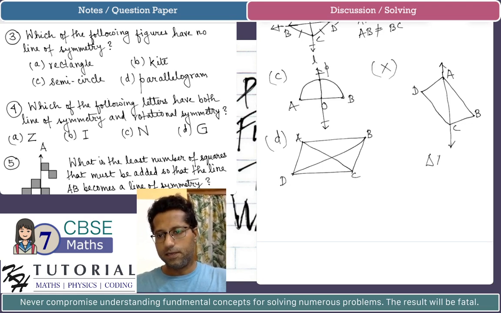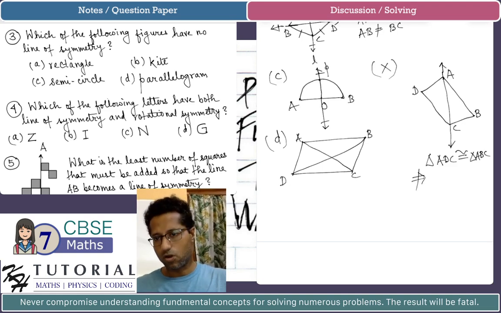Triangle ADC is congruent to triangle ABC. This does not imply that AC is a line of symmetry.